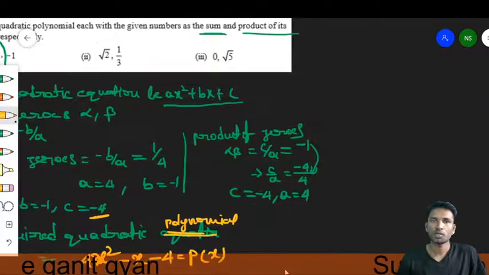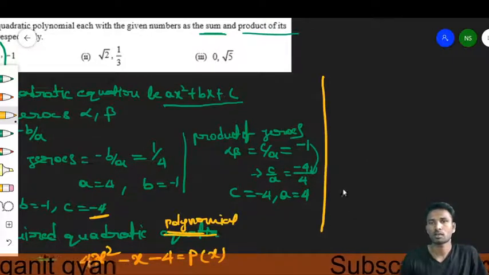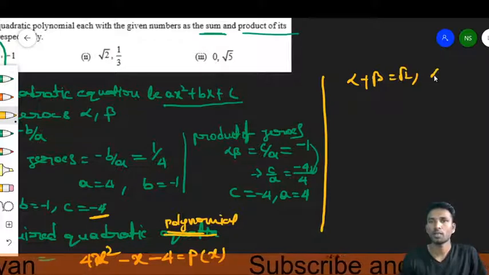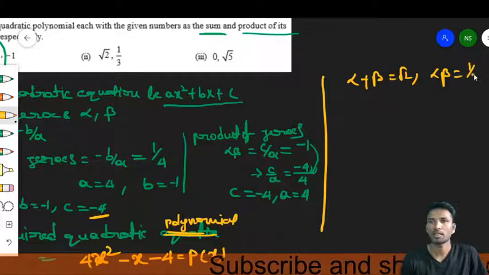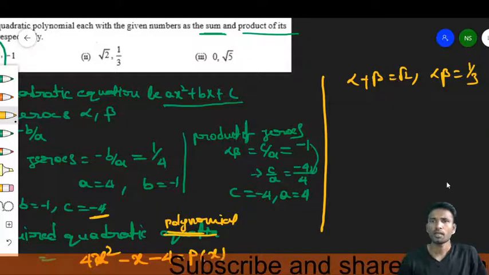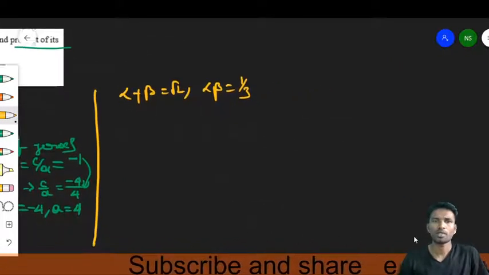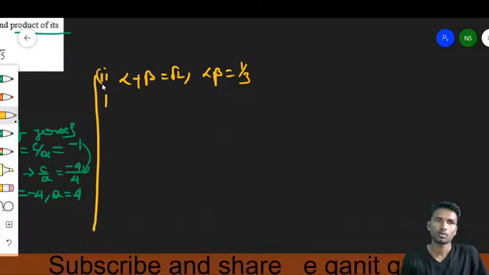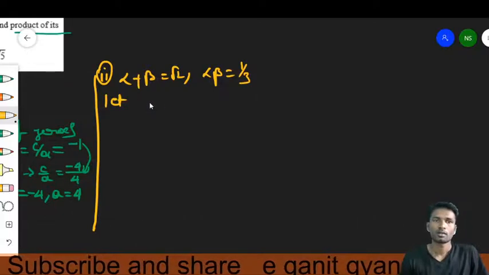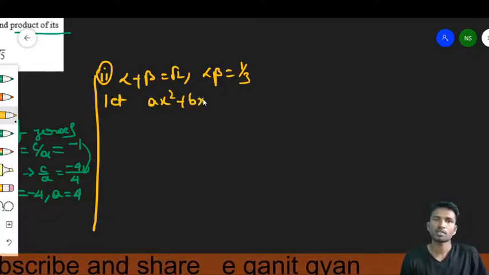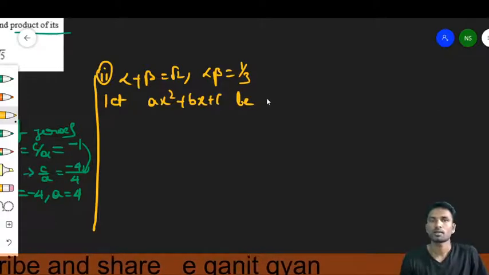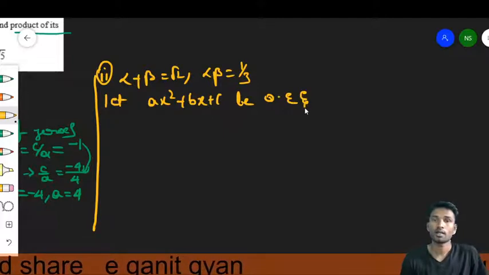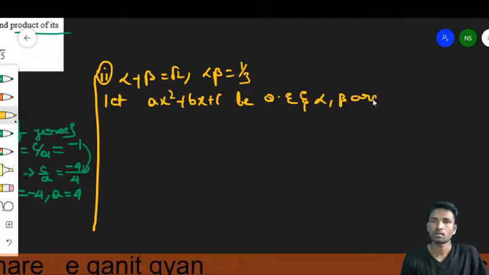And for question number 2 they gave sum of zeros. Here we can write directly alpha plus beta they gave as √2 and alpha beta they gave as 1/3. Okay, then what we know? Alpha plus beta, actually formula. Let for question 2, let ax square plus bx plus c be the required quadratic equation, and alpha comma beta are zeros.